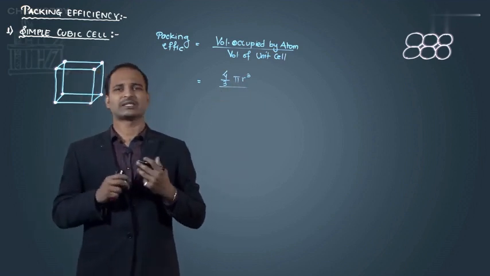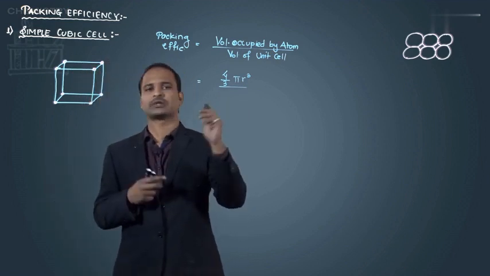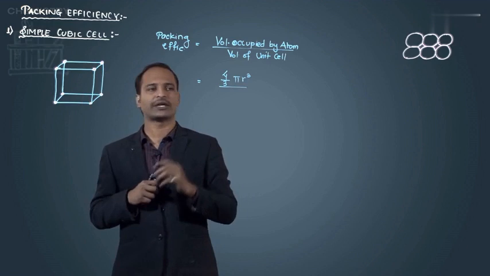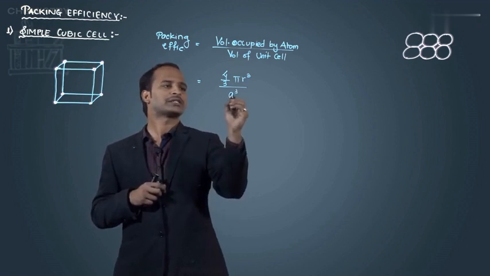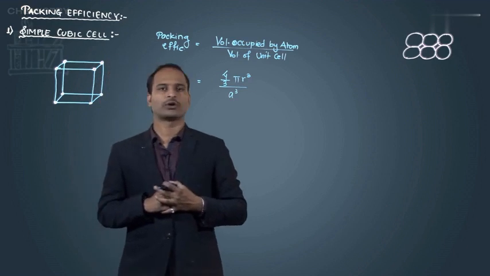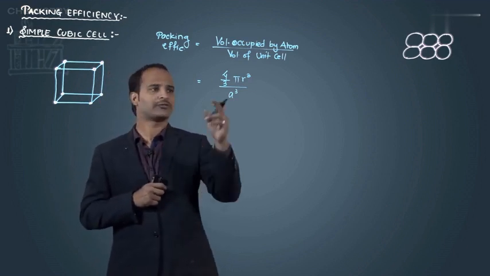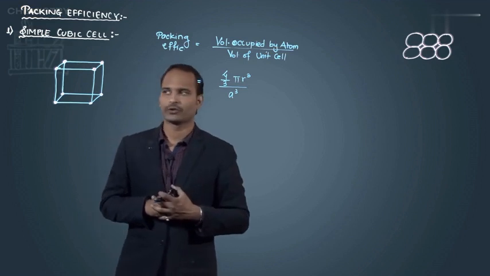Here the cell is a cube, and the volume of a cube is side cube, where I am representing the side by a. So it is going to be 4/3 pi r cube upon a cube. So we got this relation for the simple cubic cell: 4/3 pi r cube upon side cube.